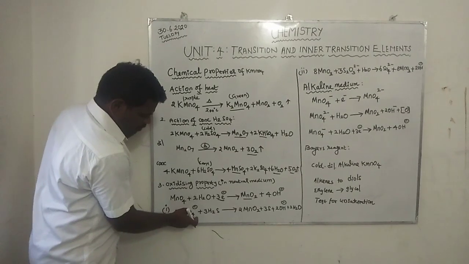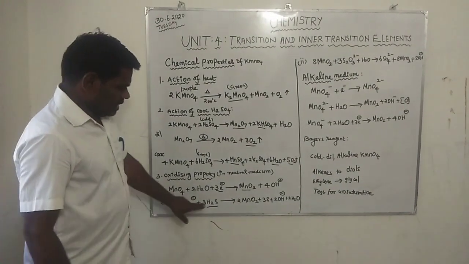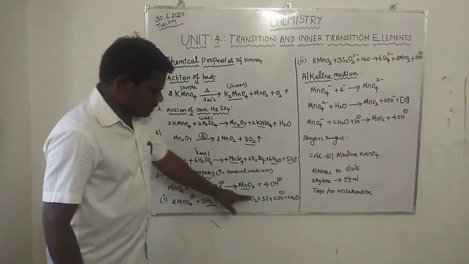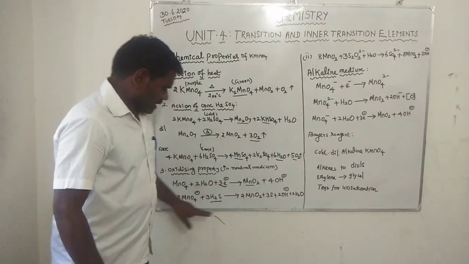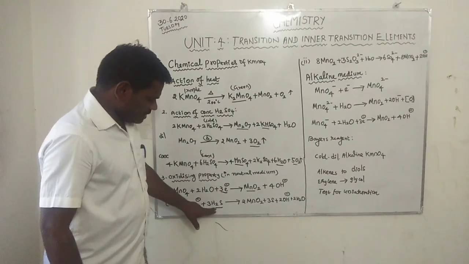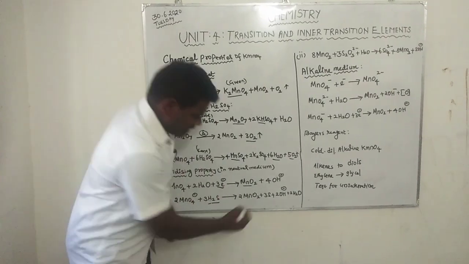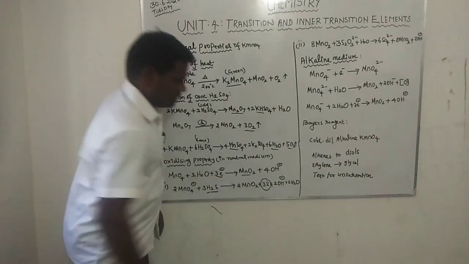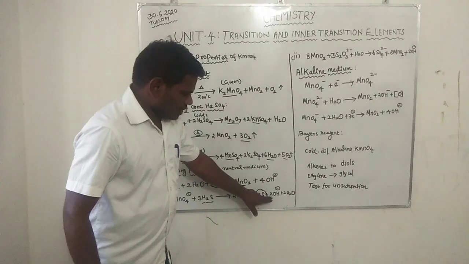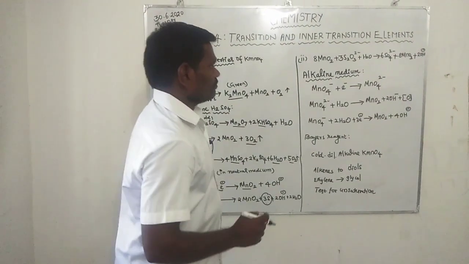The MnO4 minus is treated with hydrogen sulfide; the hydrogen sulfide is converted into sulfur. Here manganese dioxide and sulfur and 2 moles of hydroxide and water are obtained.